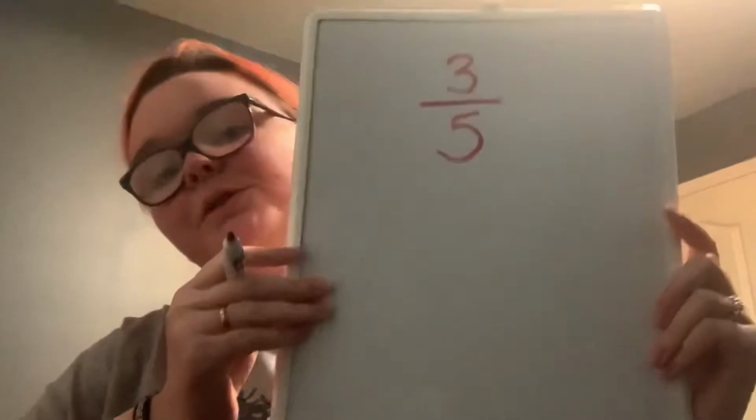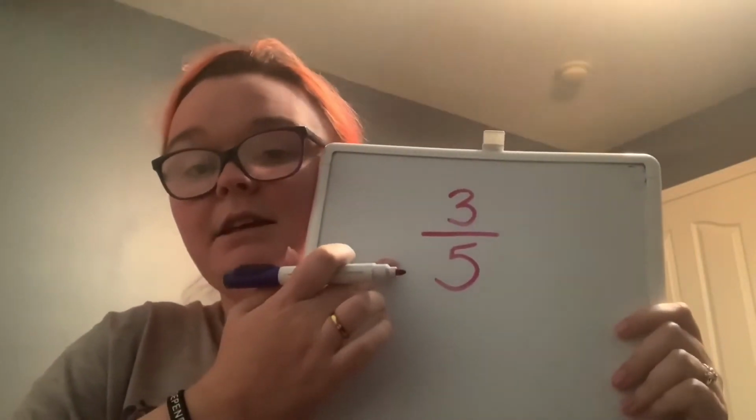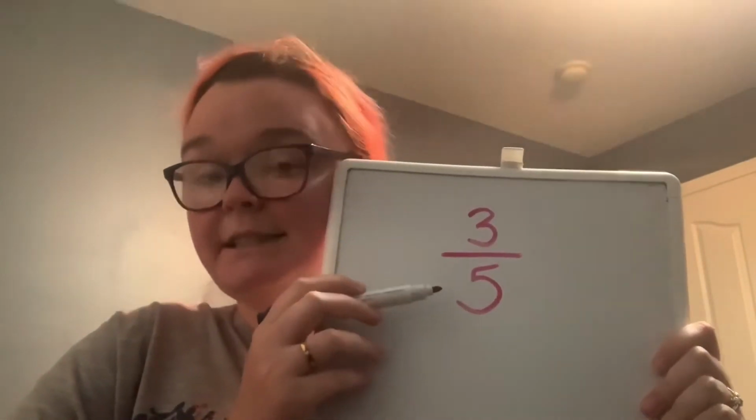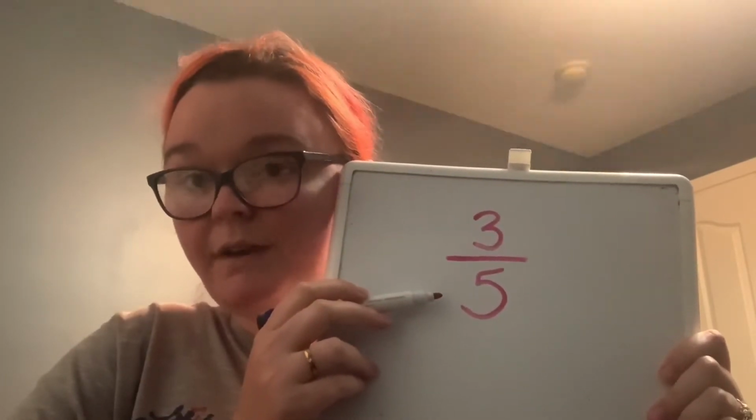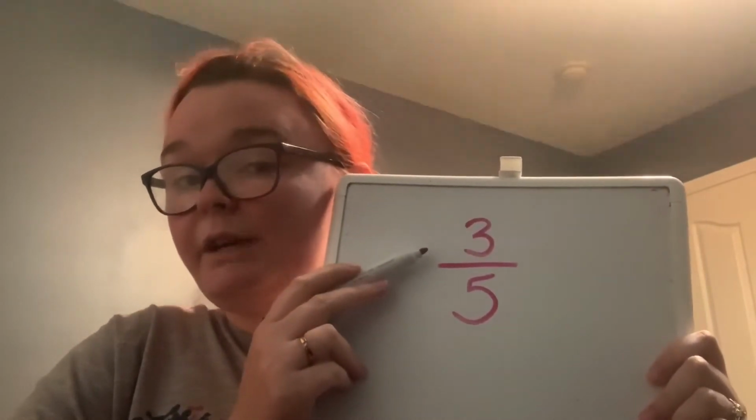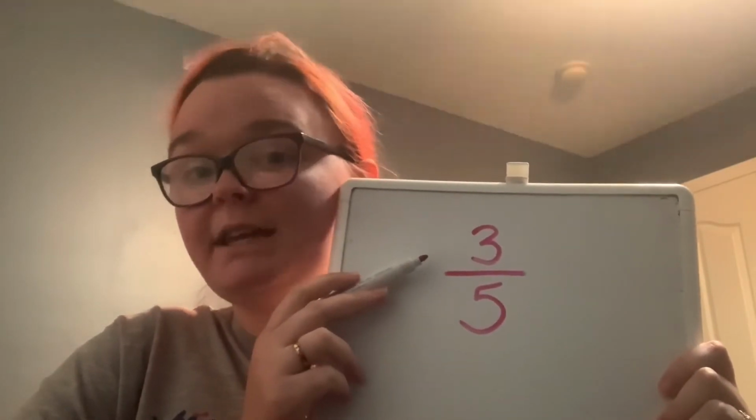Remember, the denominator tells us how many parts the whole should be divided into, and the 3 tells us how many of the parts should be shaded or taken away. I think the easiest way to demonstrate these fractions is with a circle or a square, some kind of shape. The circle just seems to be the easiest because it's easier to use for every number when you're dividing into odd numbers. I'm going to illustrate that on here as you illustrate yours on your own paper.